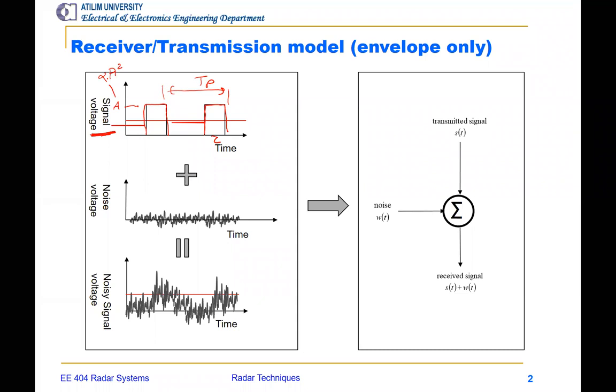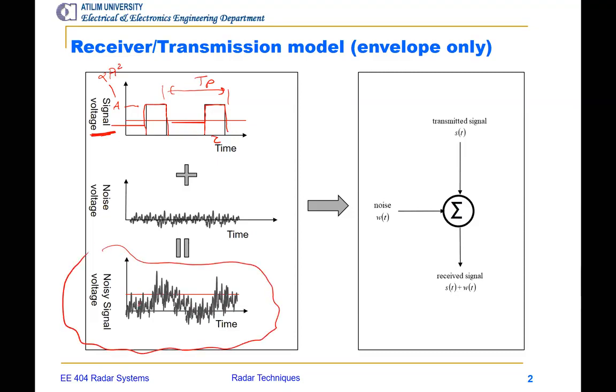And we got noise as usual due to the electronic circuitry that we used at the receiver or in the system. And usually we have a noise superimposed on the signal, so the received signal looks like this.